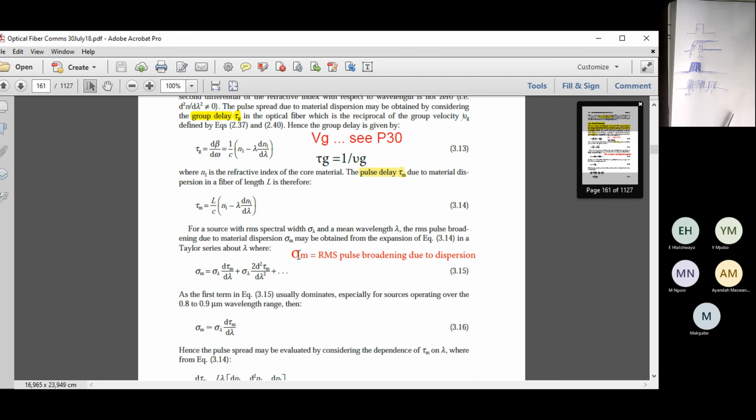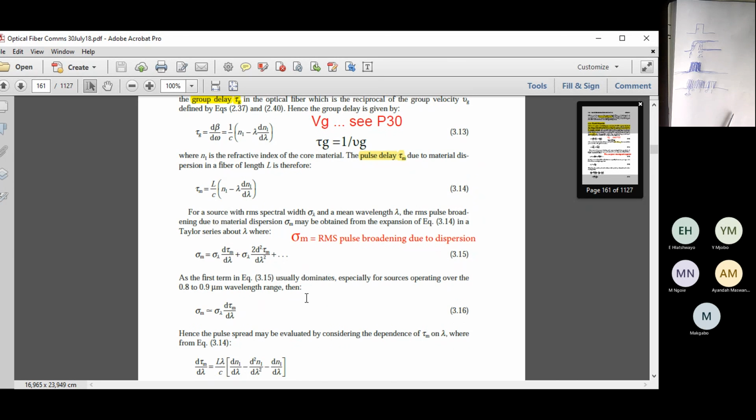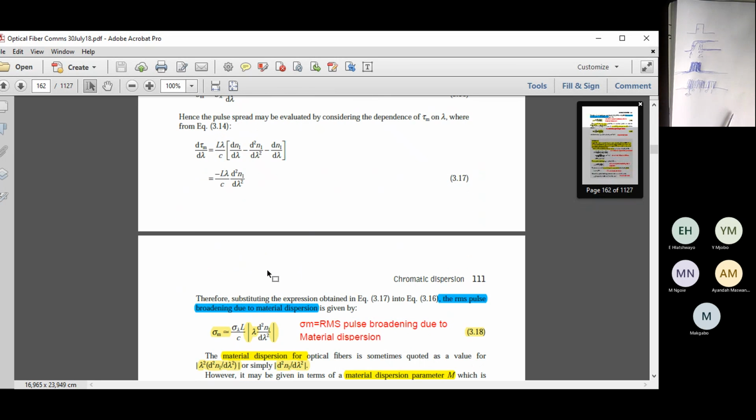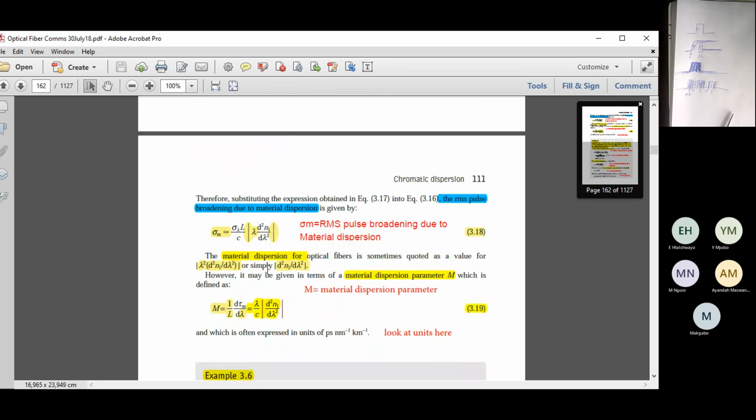So sigma m is this one, and it's due to pulse broadening due to dispersion. This one, RMS pulse broadening due to dispersion. So use this formula, and then this one.